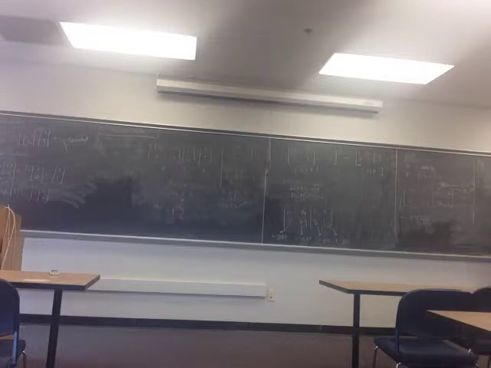Okay, so if I divide this by 10, what will I get? I'm dividing the entire first row by 10. Okay? And if I divide this by 10.4, what do I get?